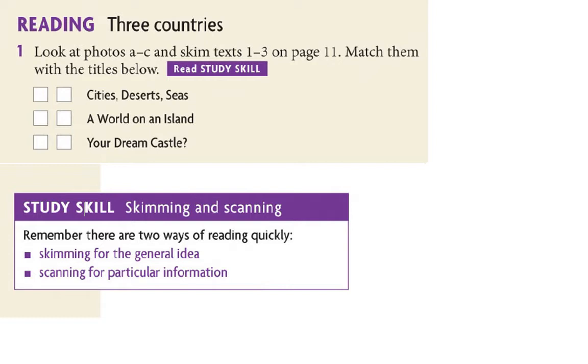Let us start with exercise 1, in which it is required to write the number of the photo and the number of the paragraph beside each topic. The first topic is cities, deserts, seas.